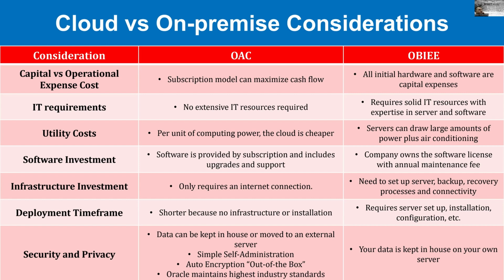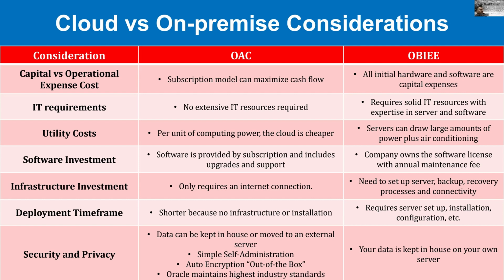So when you look at the cost drain of running servers, and then having all the AC and things required to keep those servers at temperature so they don't fail, there's significant power consumption. And all that goes out of the window when you look at Oracle Analytics Cloud and software as a service. The software investment with OAC, software is provided as a subscription.